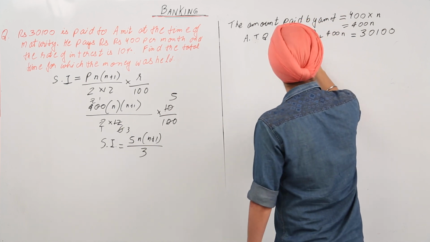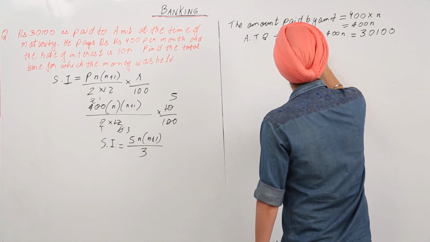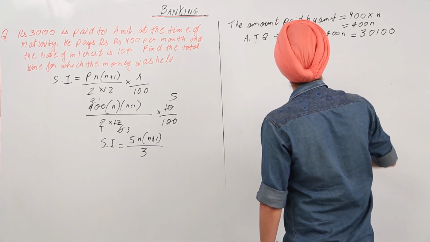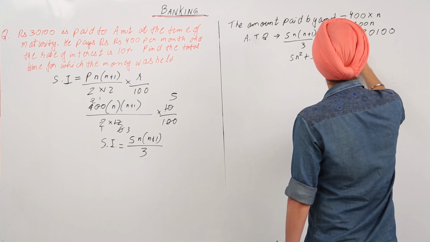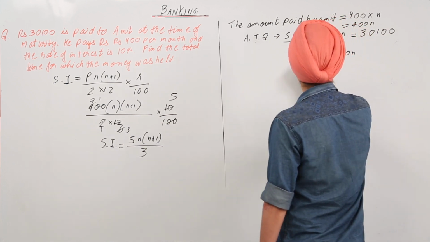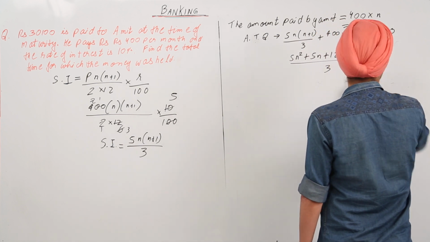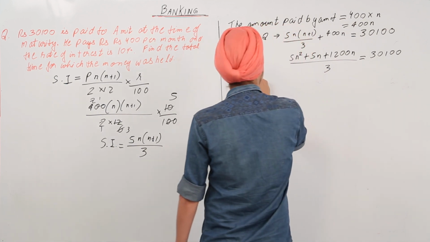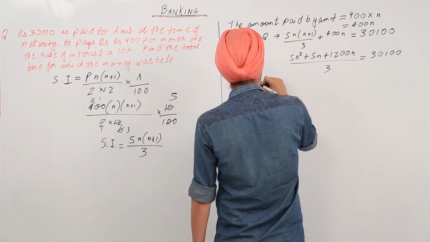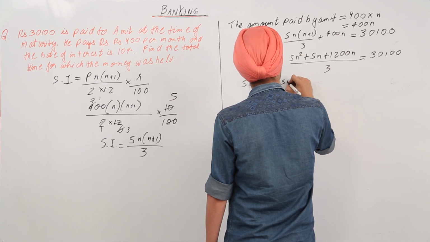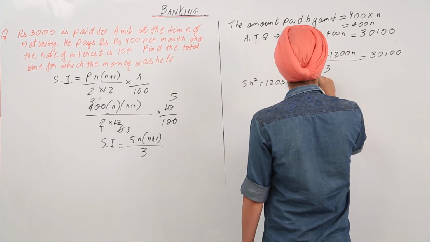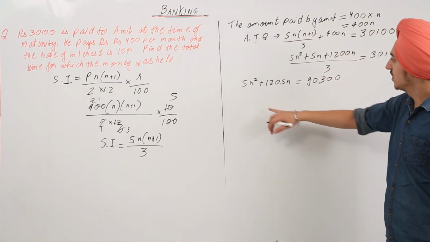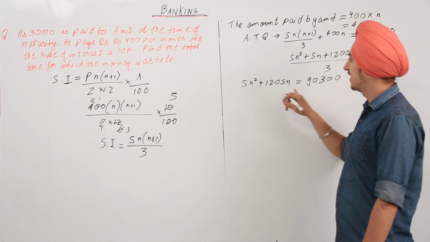Just solving this, we get 5N square plus 5N plus 1200N upon 3 is equal to 30100. Now we have 5N square plus 1205N is equal to 90300. Now this is a quadratic equation and we have to find out the roots.